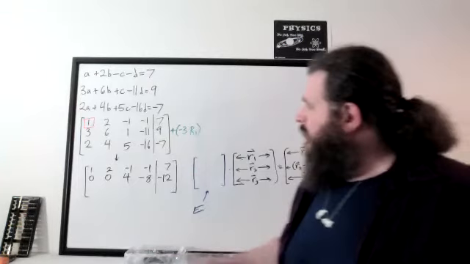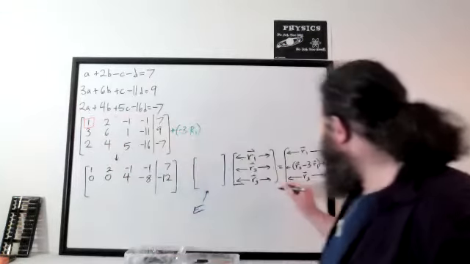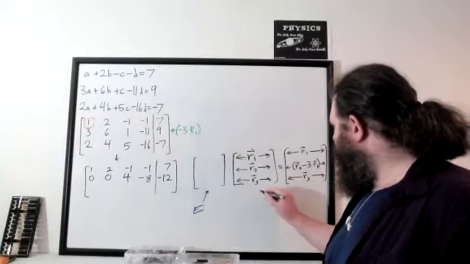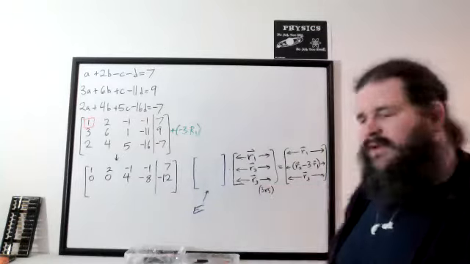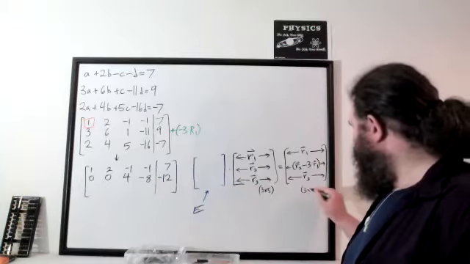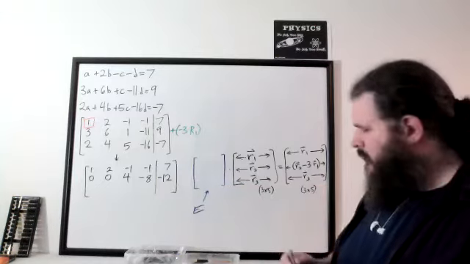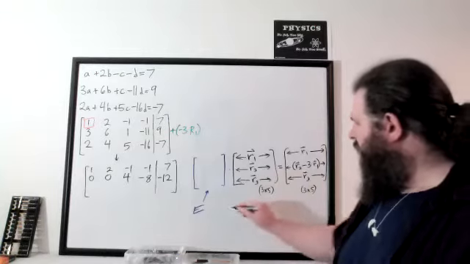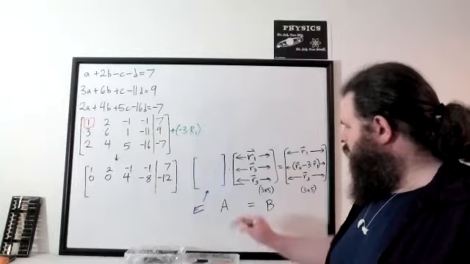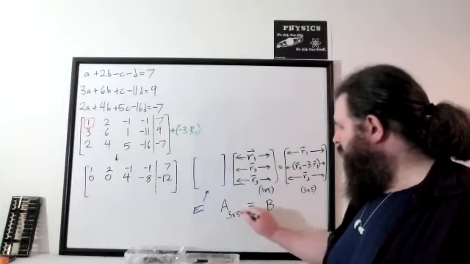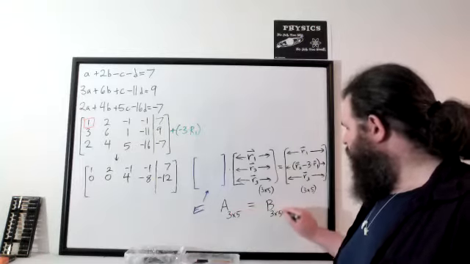The original matrix was 3 by 5. The result, of course, we also want to be 3 by 5. So if we call this matrix A, and this matrix B, matrix A is 3 by 5. We want matrix B to also be 3 by 5.